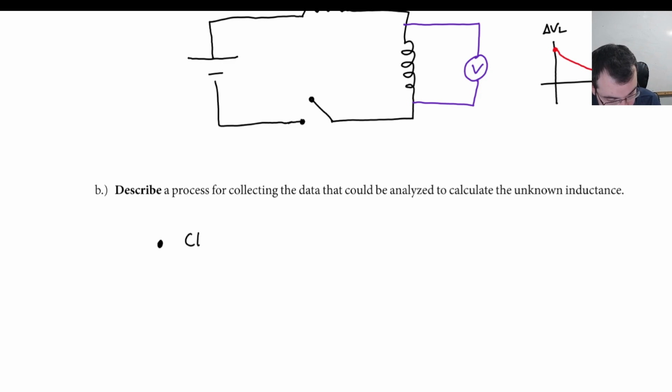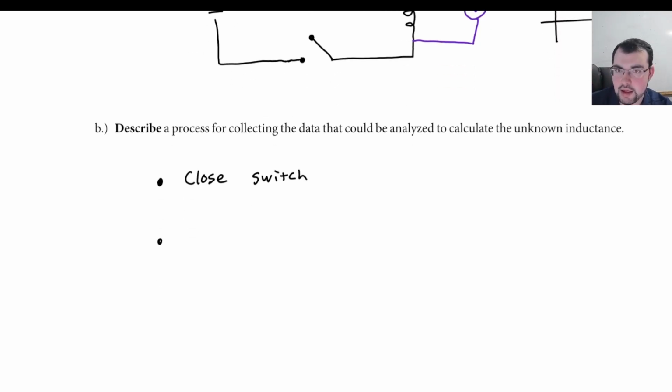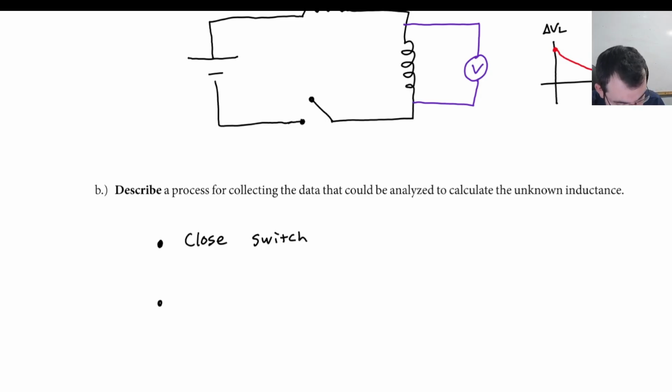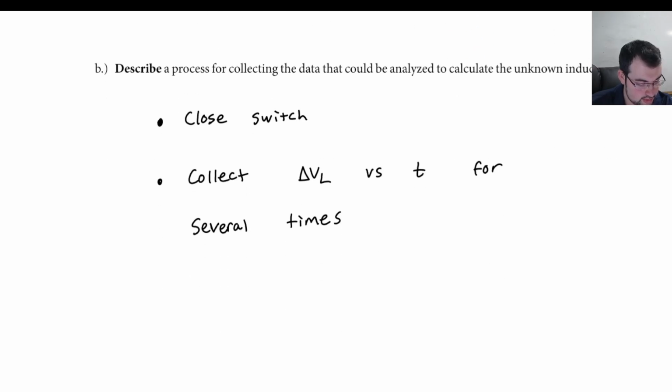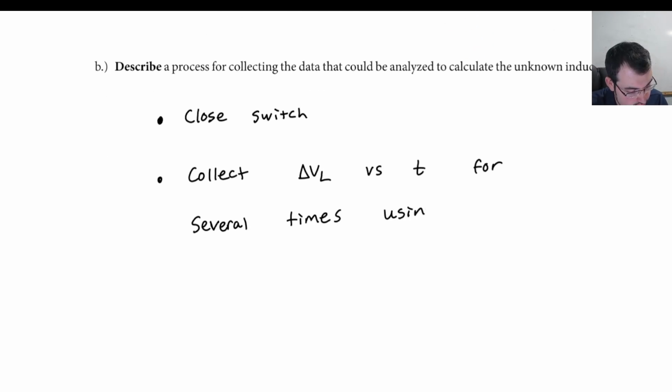So we are going to close the switch, and we're going to collect delta V across the inductor versus t for several times using the voltage probe.